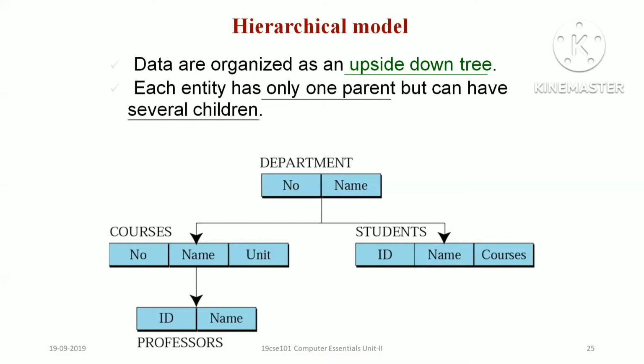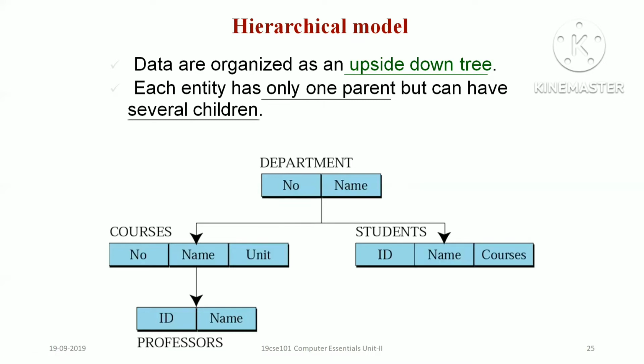A node represents a particular entity. The topmost node is called the root. Understood? What is the root? Topmost means here the department. Department is the root. I will discuss this in the figure, don't worry about that.